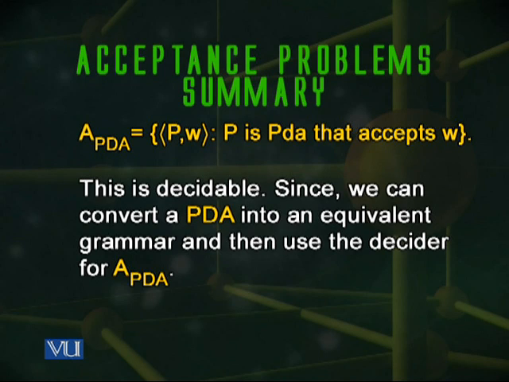So all you have to do is take the non-deterministic pushdown automaton P, convert it into an equivalent context-free grammar G, and then use the decider for A_CFG to find out if G generates w. That answer will tell you if P accepts the string w.